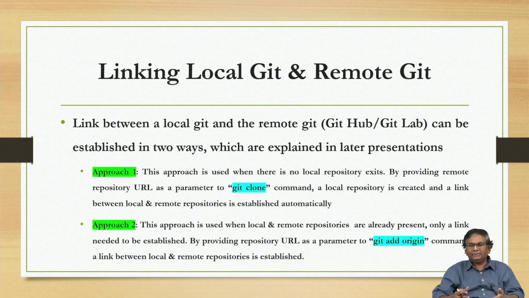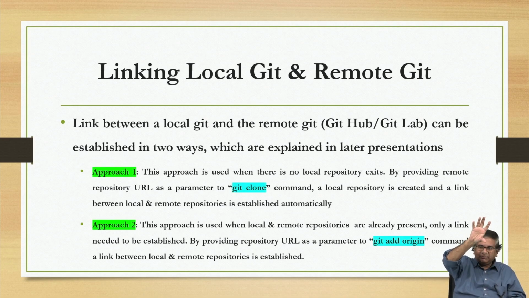Now you join the project as a fresher. In that context, you don't have anything in your local, right? So in that case, approach one is used. You have code and everything in the remote repository, and nothing in the local, so you want to pull stuff from remote to local. That's pretty much what approach one is.